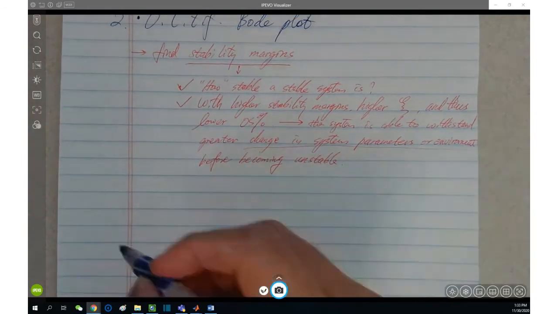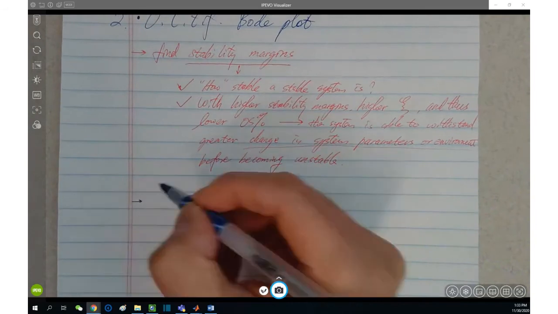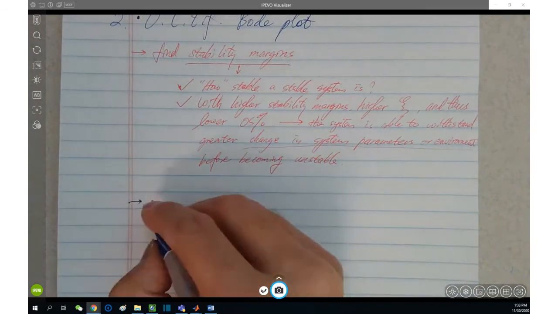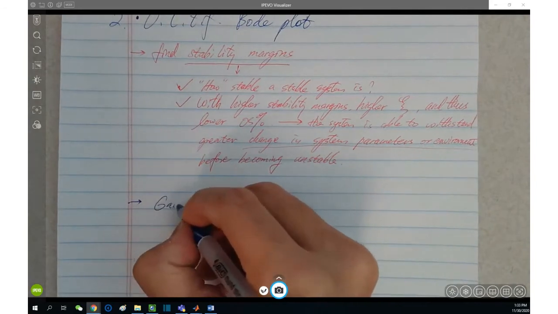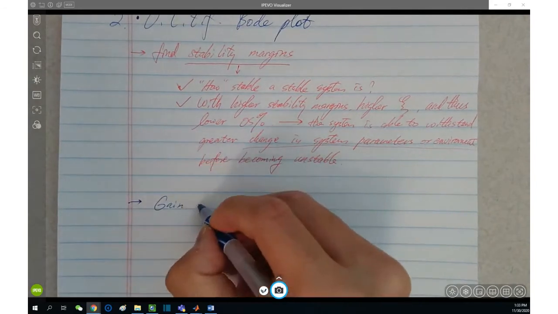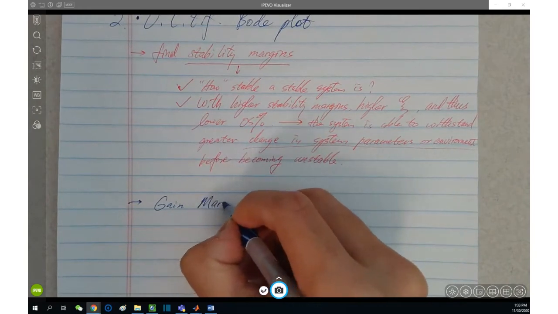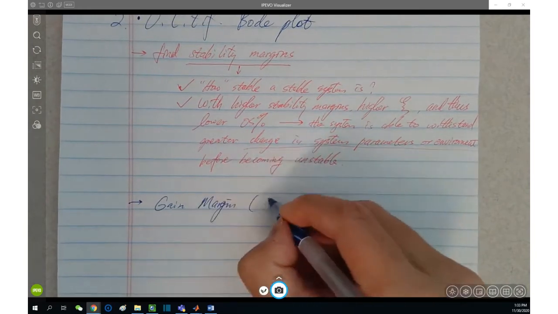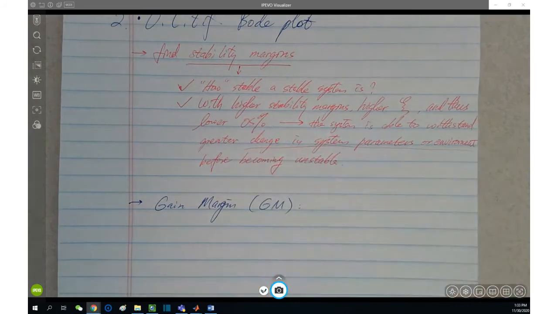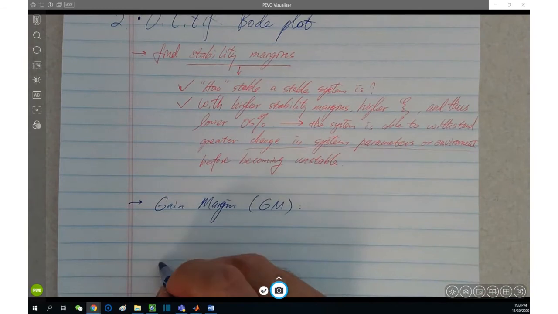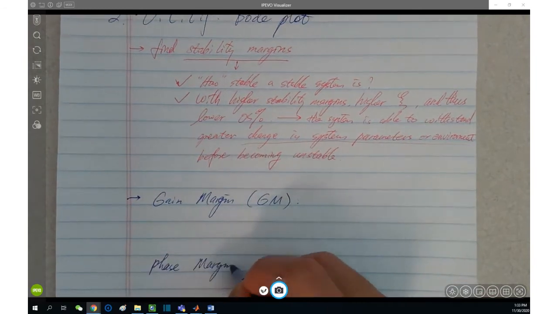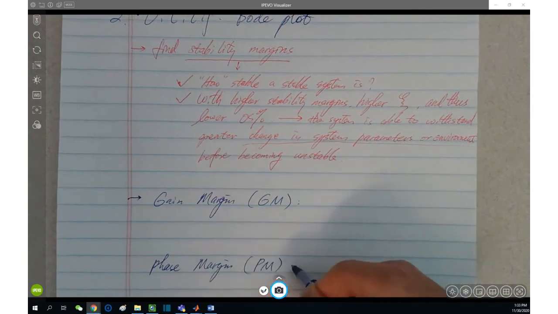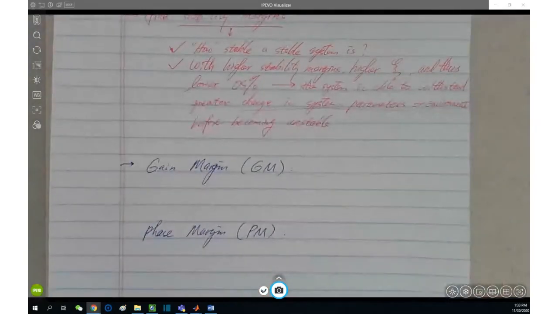The next thing you need to know is we have two stability margins. One is the gain margin, GM. Second is the phase margin, PM. Why do we have two stability margins?